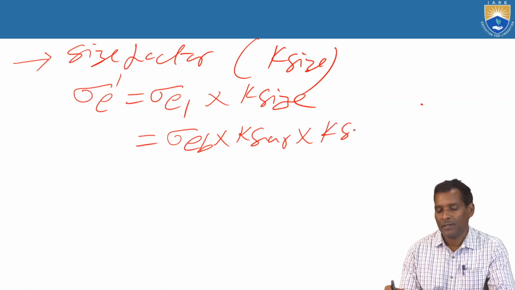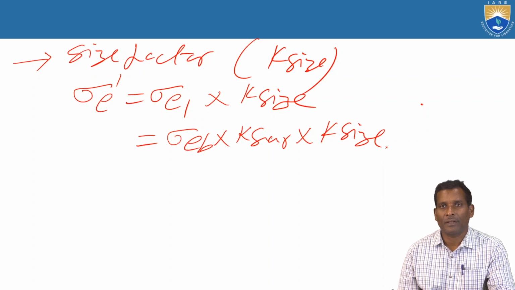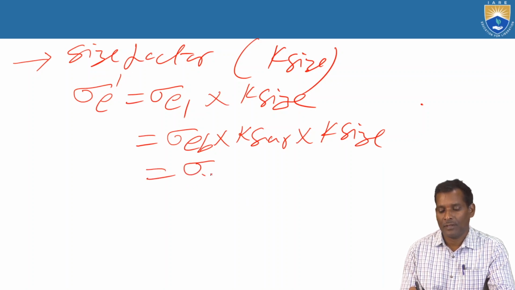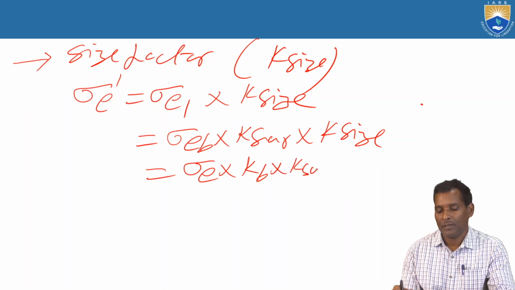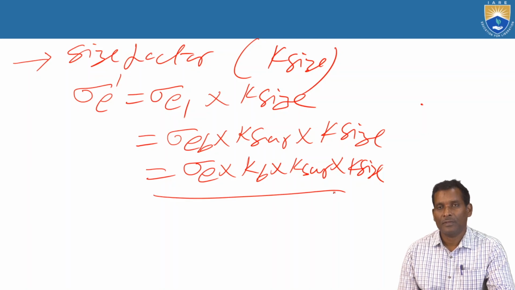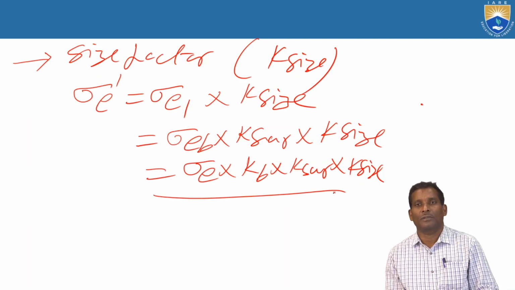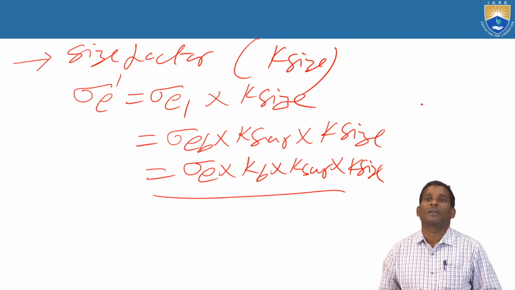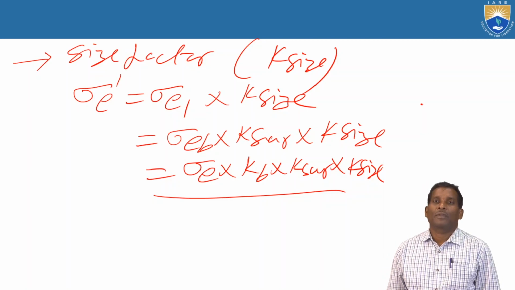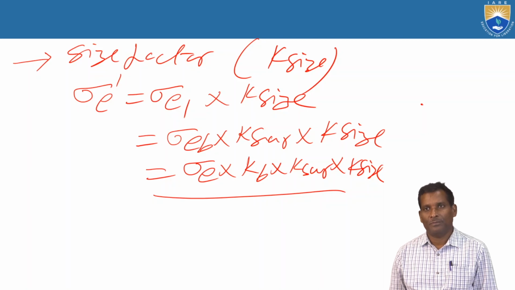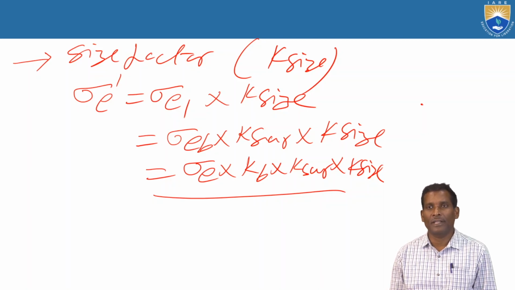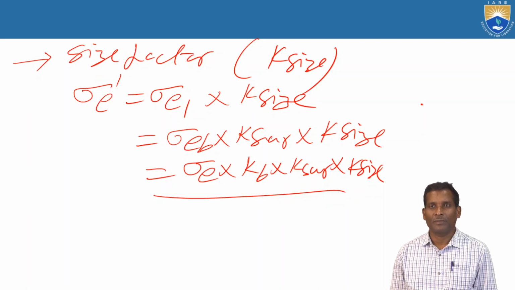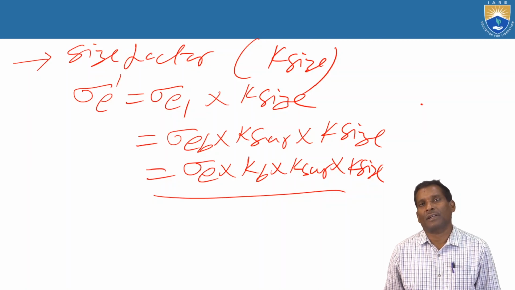So sigma E dash is sigma E, KB, K surface and K size. This is the new endurance limit value for a component subjected to bending loads, when considering surface finish factor and size factor.